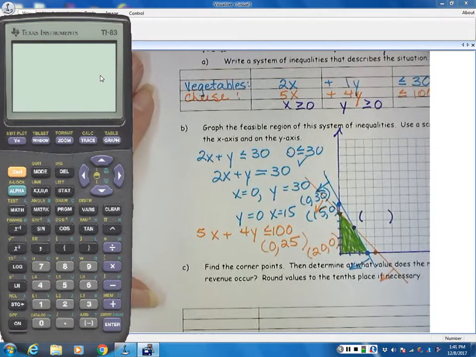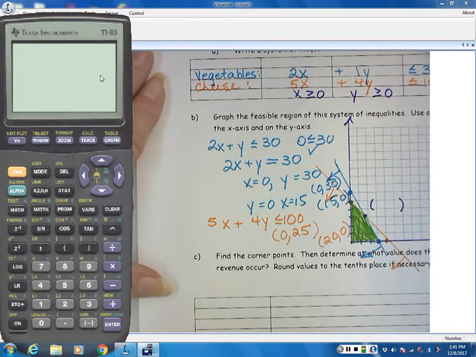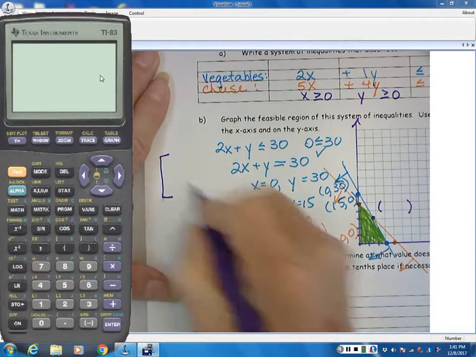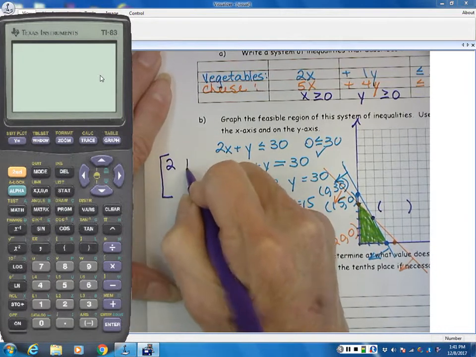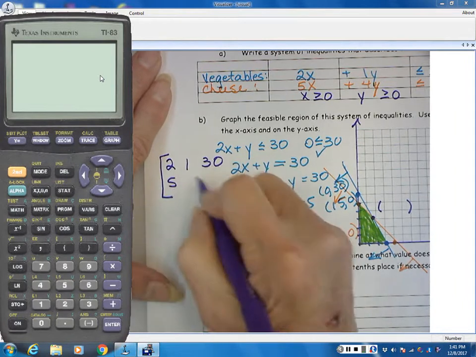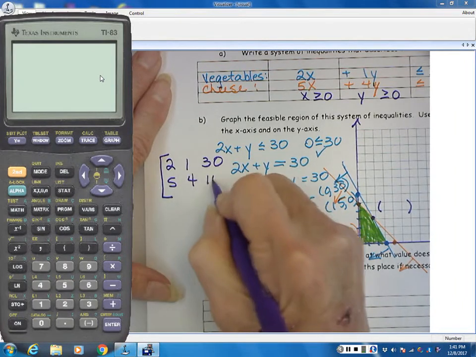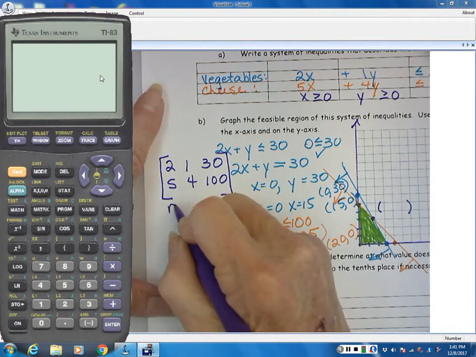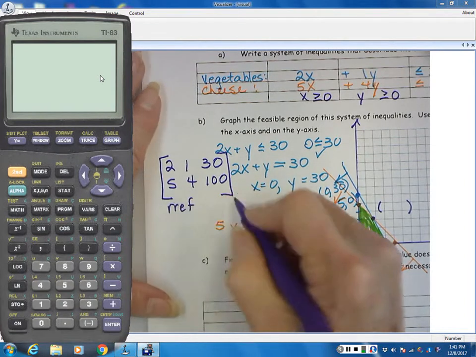So the matrix that you would use for the system of equations to find the corner points would be 2, 1, 30, and 5, 4, 100. And then we would need the reduced row echelon form of that matrix.